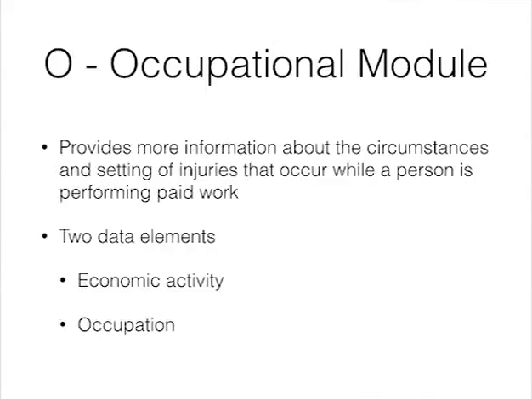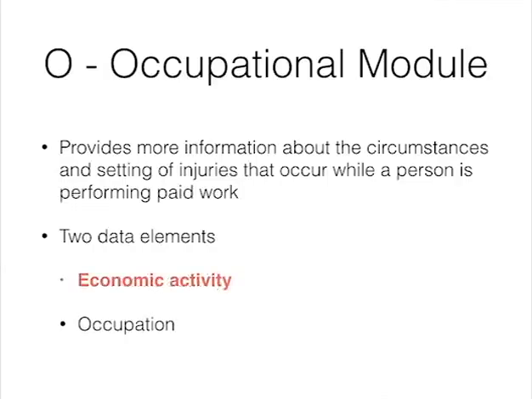The occupational module provides more information about the circumstances and setting of injuries that occur while a person is performing paid work. Paid work is activity for which a person is paid or expects to be paid a salary or other monetary income. It consists of 2 data elements, economic activity and occupation.